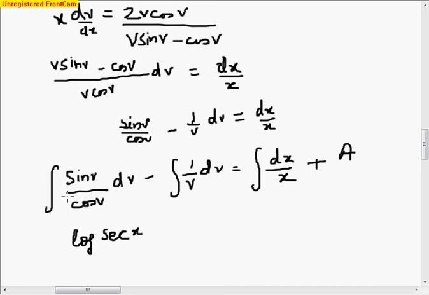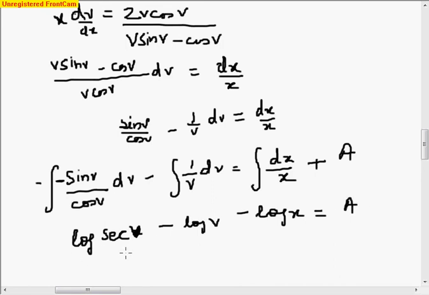How? This is cos v, and the derivative is minus sin v. So I will multiply by minus 1 outside and inside. Now this is log of cos v, because of the negative sign, that is log of 1 upon cos v, that is log of secant v, minus log of v, this is minus log of x, is equal to say a.